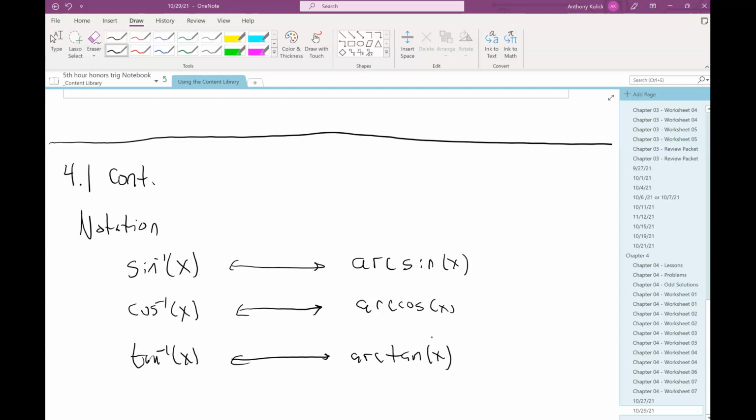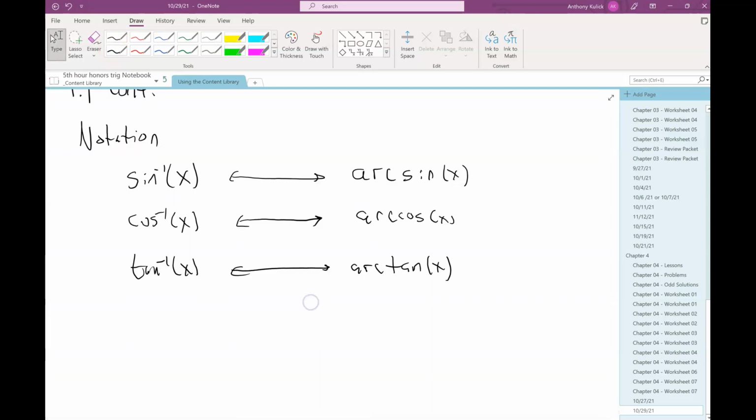I'm almost certain they are exactly the same thing. It's just a notation. Good enough? Okay.